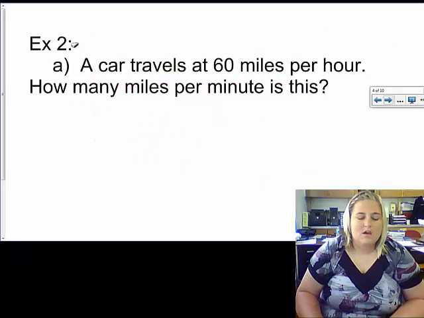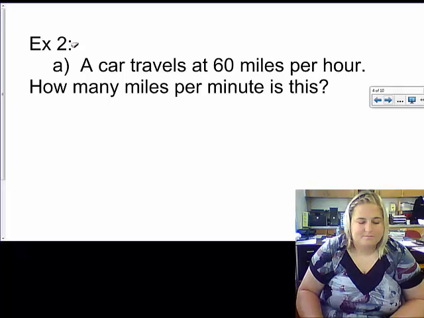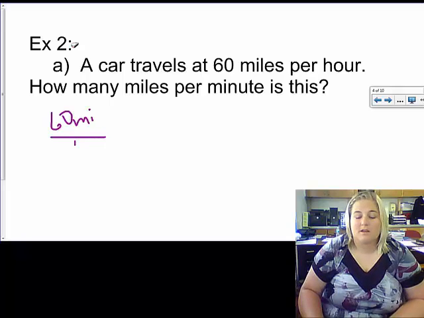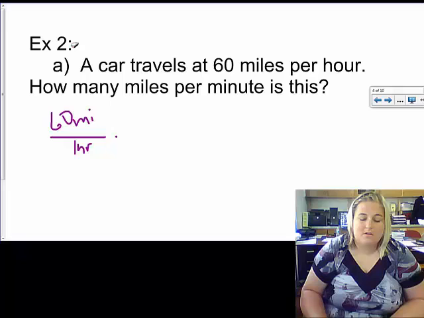Example 2, a car travels at 60 miles per hour. How many miles per minute is this? We've already been practicing these sorts of things. If we have 60 miles per hour, that means per 1 hour. The fraction bar means per for us here. We want to know how many miles per minute this is. Well, we don't want to change miles, we want to change hours. We know that we're going to have to multiply.